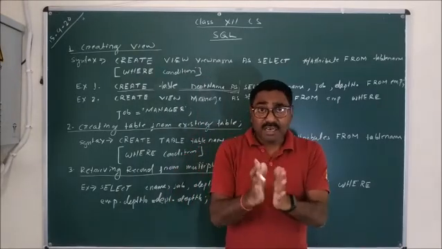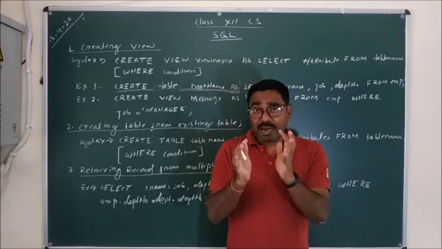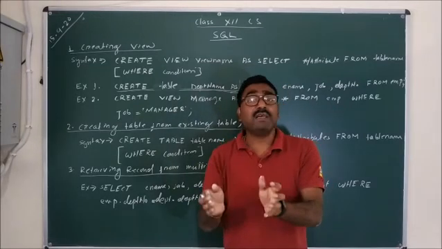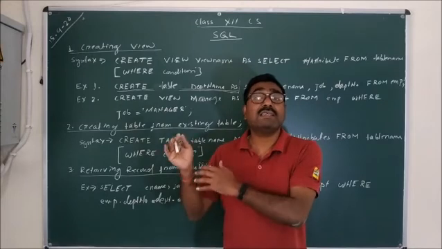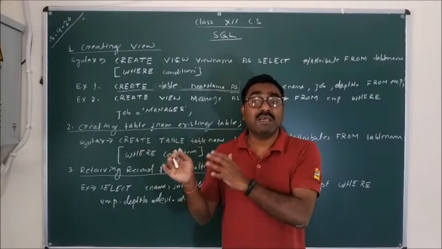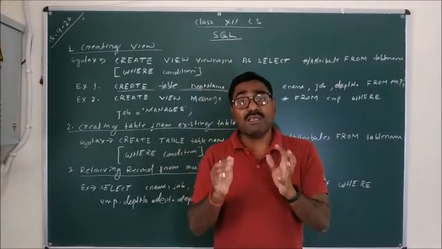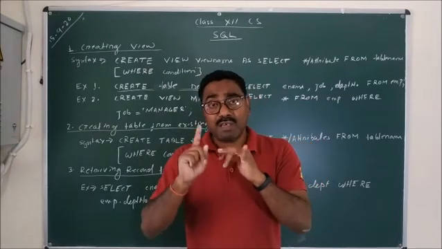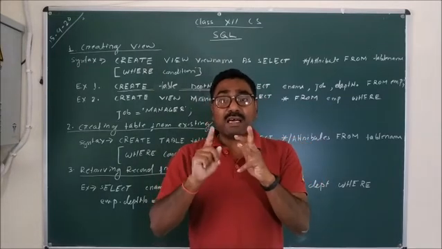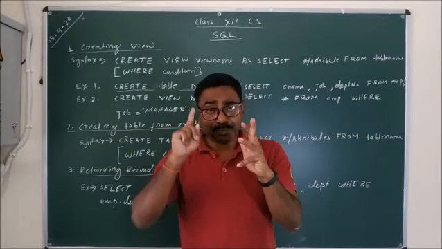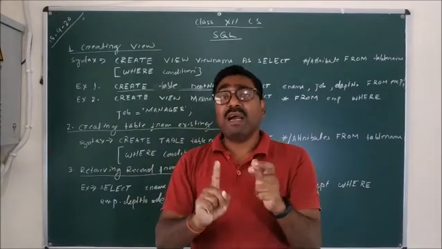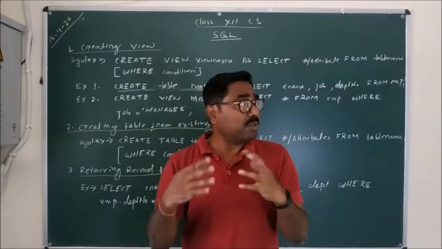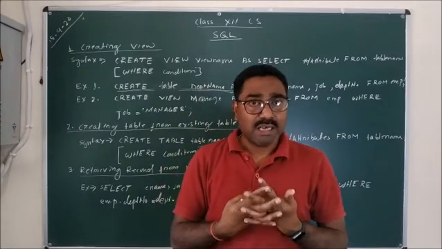It has the department ID, that is the department number, department name, and the city of the department. Three things are there: one is the department ID or department number, the second is the department name, and the third is the department city, that means in which city that particular department is.